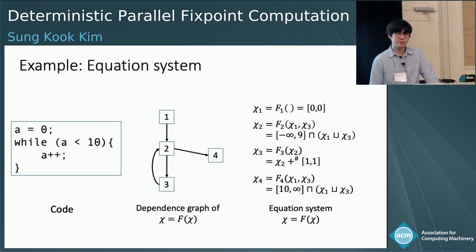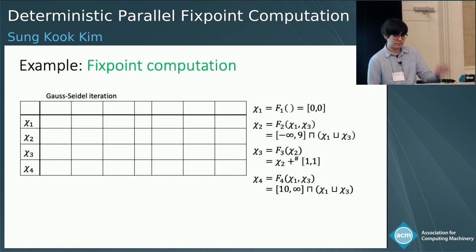Now, for this equation system, you can draw a dependence graph, which will be the same as the control flow graph. What this graph is telling you is that the value of x2 depends on the value of x1 and the value of x3. The way you compute this equation system is like this.